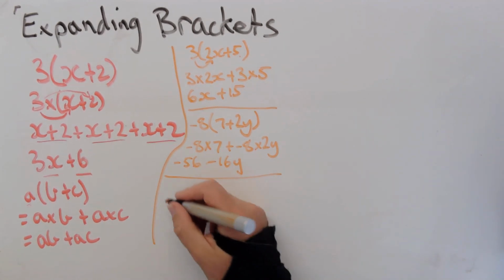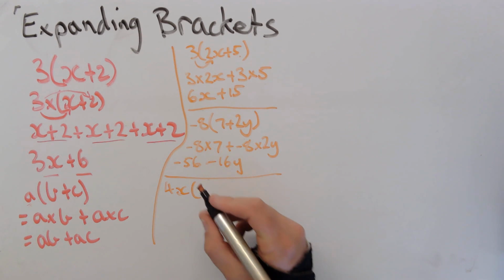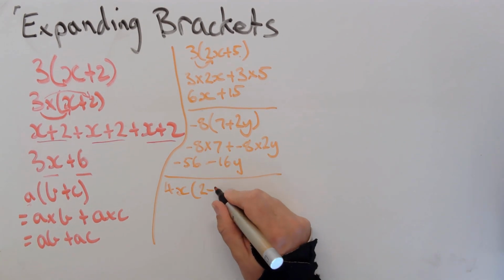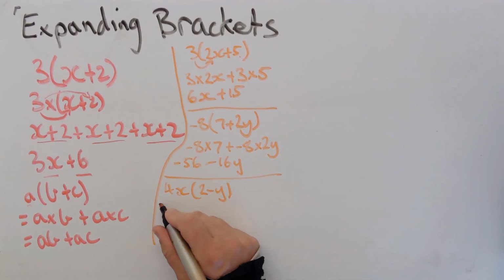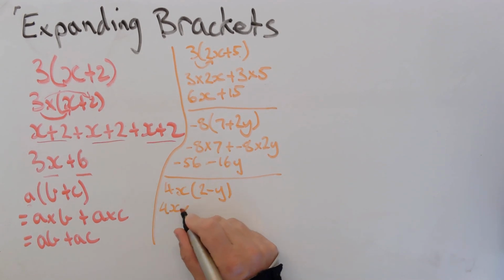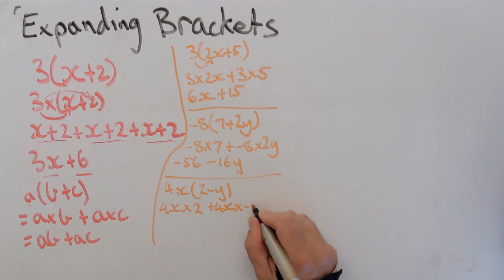The next worked example looks a little bit different, but it's okay because we've got 4x out the front of 2 take y. It doesn't matter, my process stays the same. Each term within our brackets gets multiplied by the thing out the front. So I get 4x times 2 plus 4x times negative y.